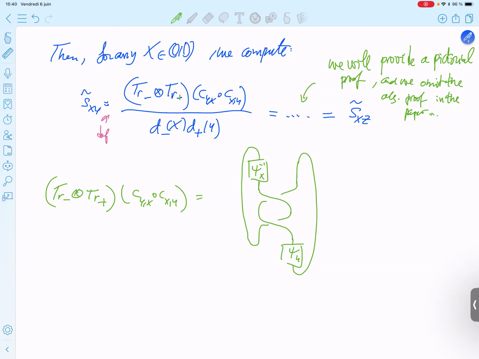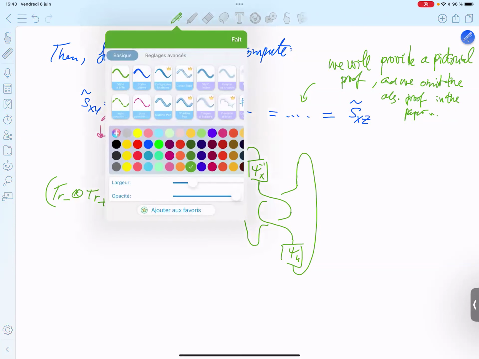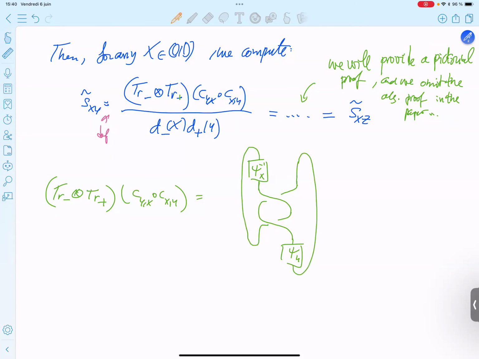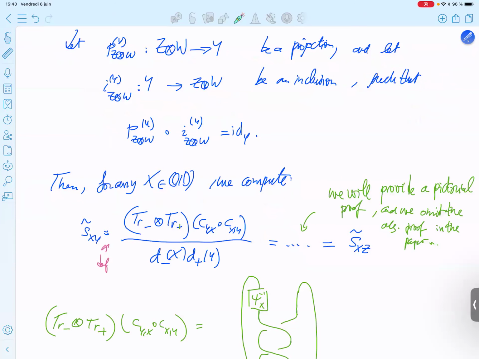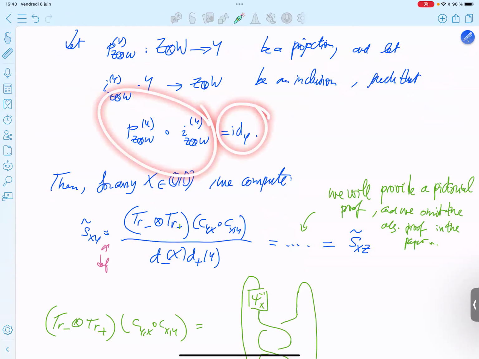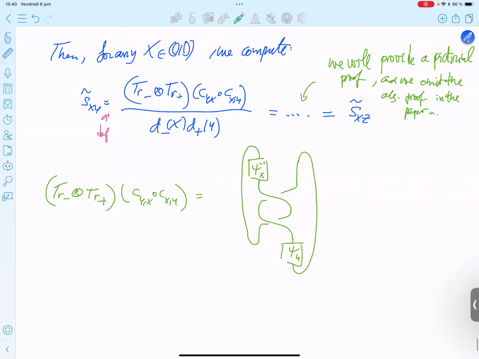Now, we will consider this part. So we will use this identity. So we know identity of Y is equal to that. But you have identity of Y here.